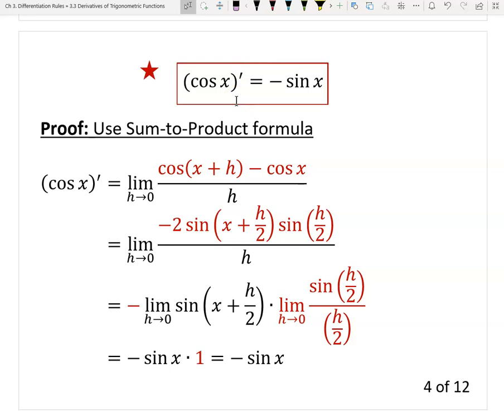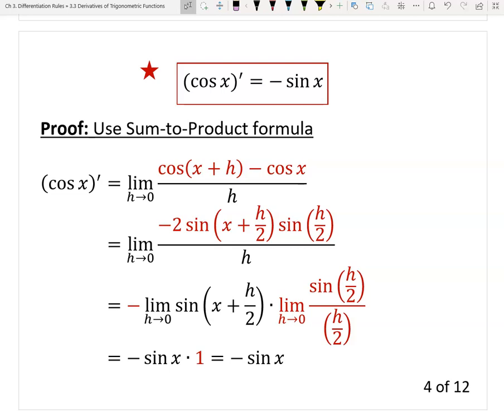The curve is very smooth, so we can do it in a similar way. If you like the first way, you can also use the sum formula. But here I use the sum to product formula, the second method we used to find the derivative for sine. Now I will find the derivative for cosine, which is negative sine x.